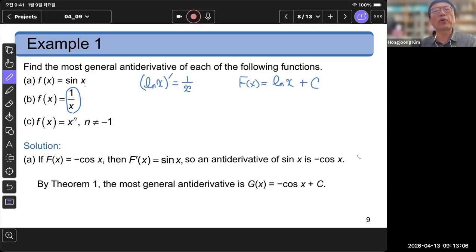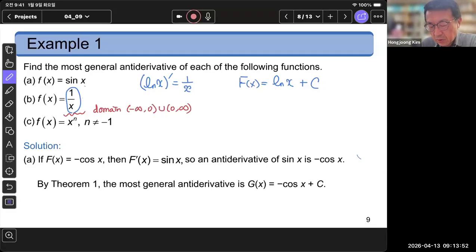Then this is half correct. This is not perfect because when I consider 1 over x, what is the domain of this function? The domain is, 1 over x is well defined as long as your x is not 0. So from the real line, if I exclude 0 from the real line, then for any x value on that interval, my 1 over x is well defined.